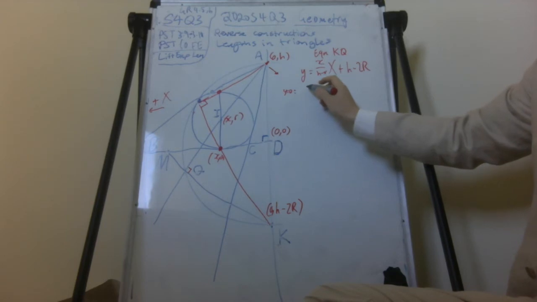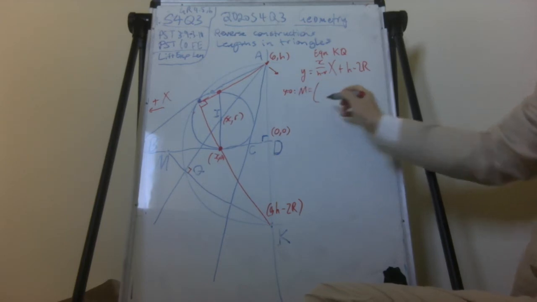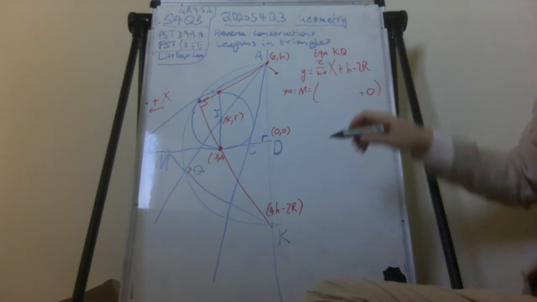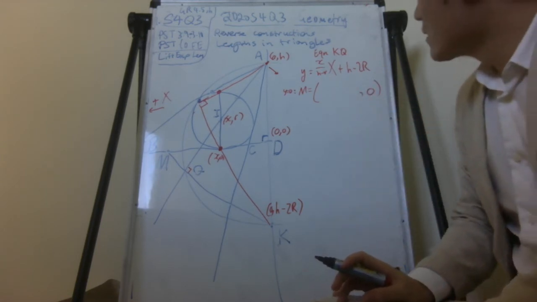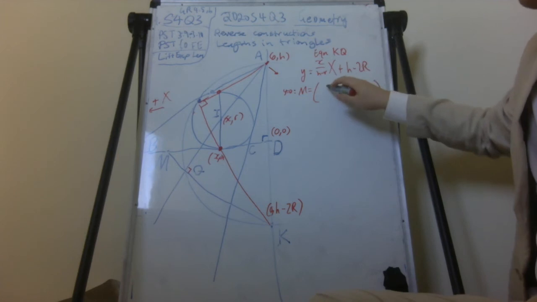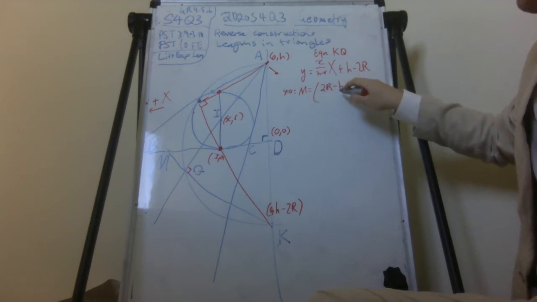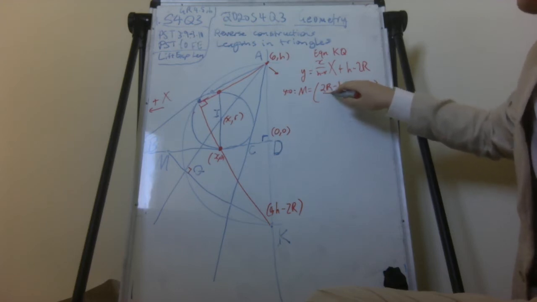For m. So m equals, and it's going to be something over 0, right? So it's 2r minus h. That's basically what I got.